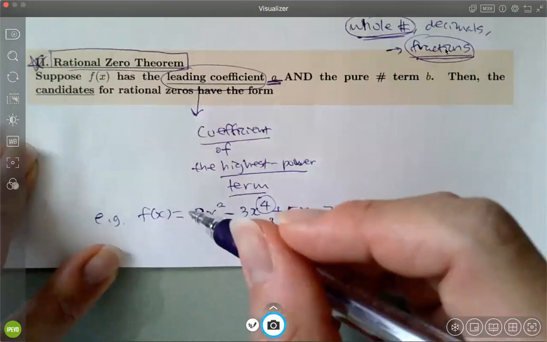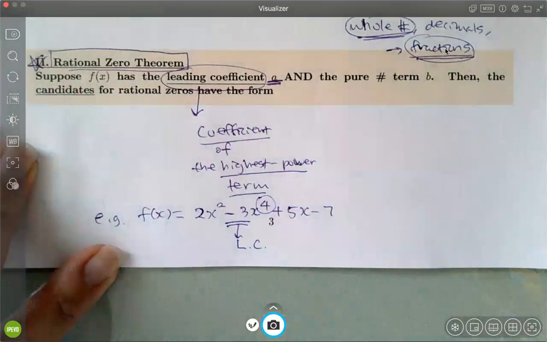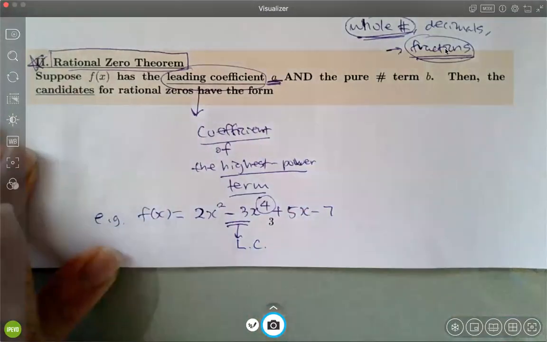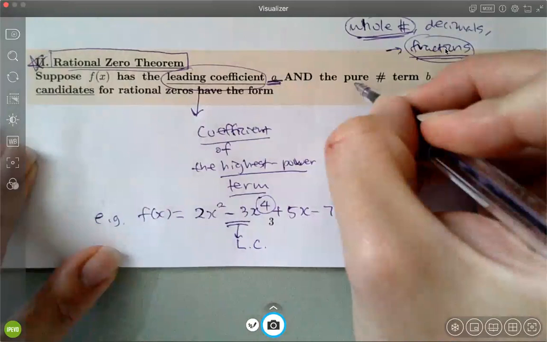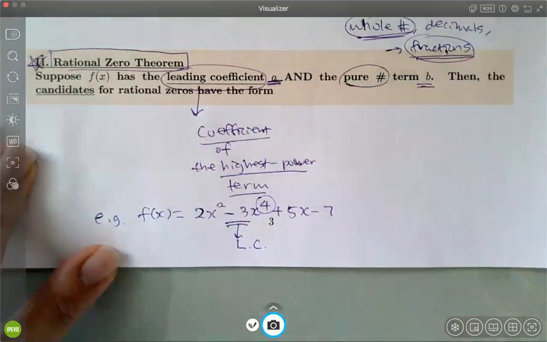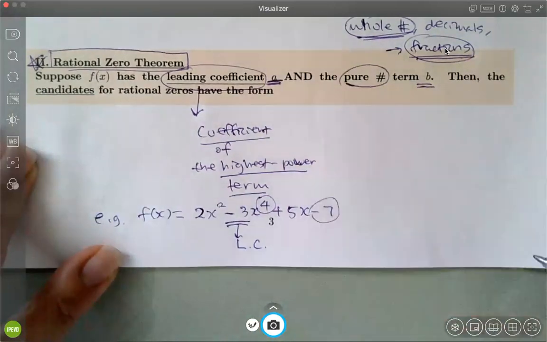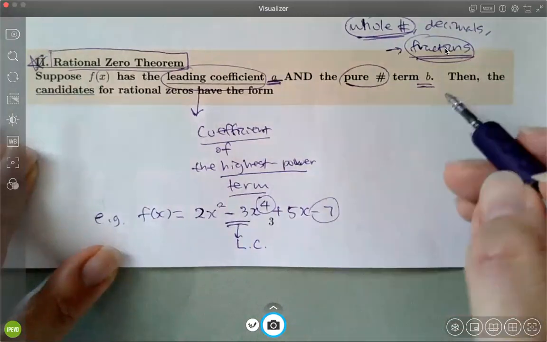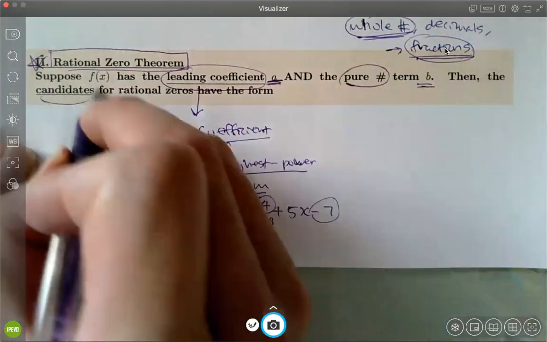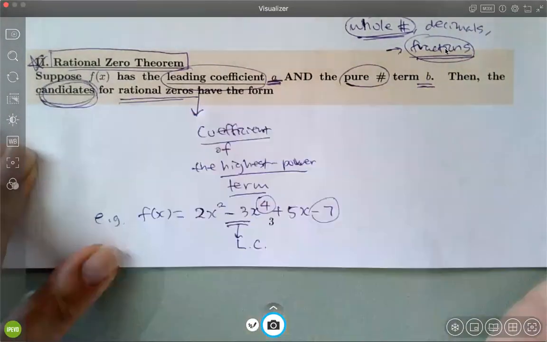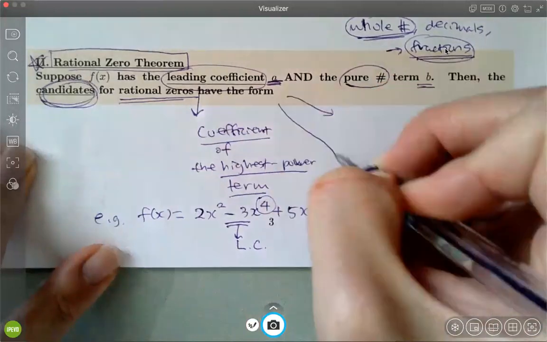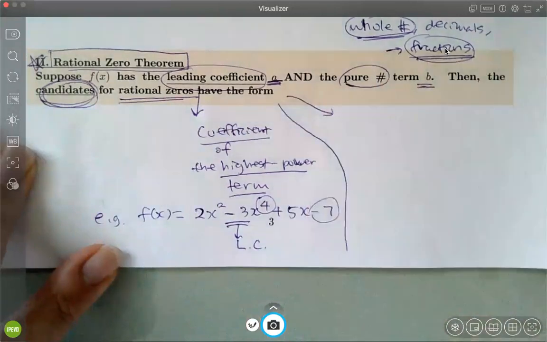So f of x has the leading coefficient a, and then the pure number term b. Going back to this example, what is the pure number? That's negative 7. So those are the two ingredients that we need. Then the candidates of rational zeros have the form, let me put this bar here to distinguish the conclusion part of this theorem.